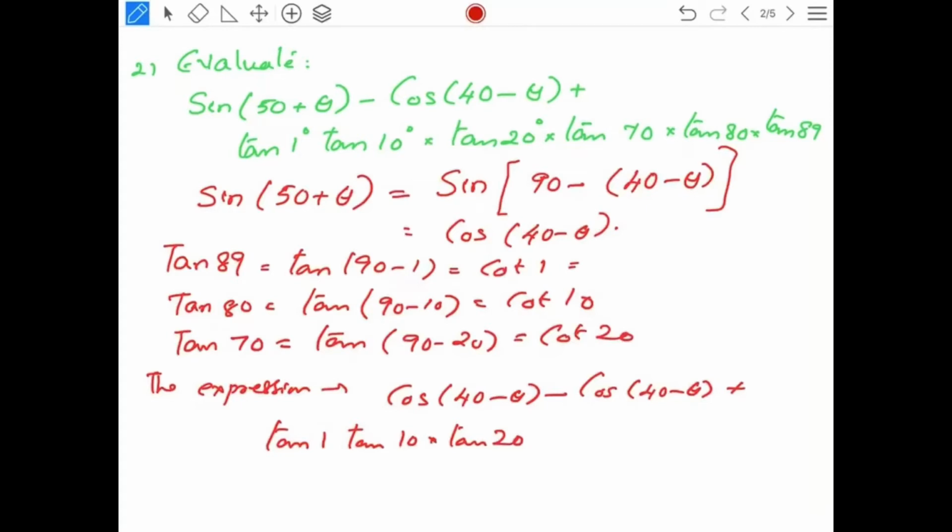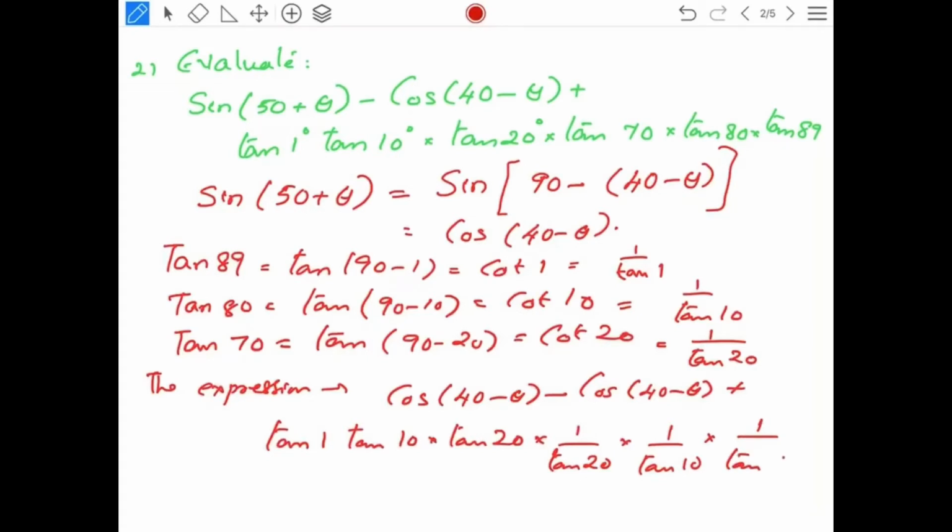Cot 1 degree can be written as 1 by tan 1, this can be written as 1 by tan 10, and this can be written as 1 by tan 20. So into now tan 70 is 1 by tan 20 into tan 80 is 1 by tan 10 and 1 by tan 1, and it will get cancelled and it is 1.